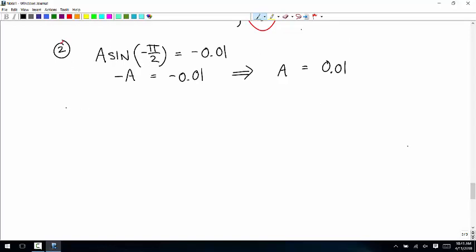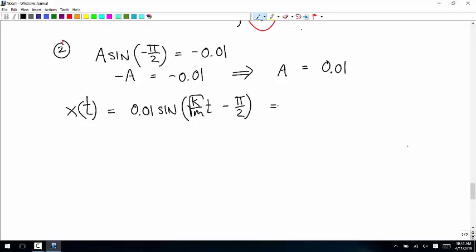Okay, so what we have is that the solution, x of t, is equal to, yes? Yeah, you could. Since A is the first letter in amplitude, I chose the one that I knew was going to give us a positive value of A. But this would be perfectly valid if you did this as, so I'm going to write this as 0.01 times the sine of the quantity square root of k over m times t minus pi over 2.